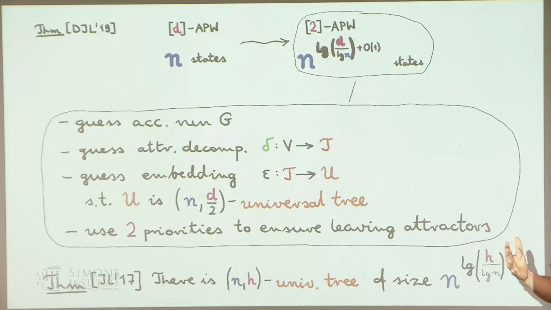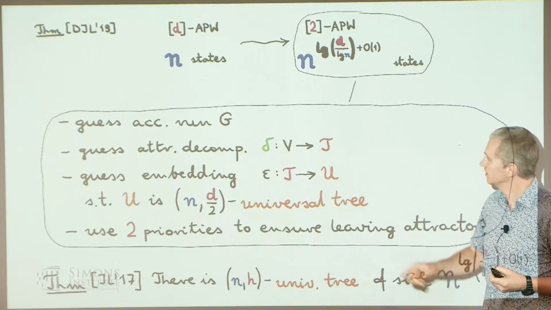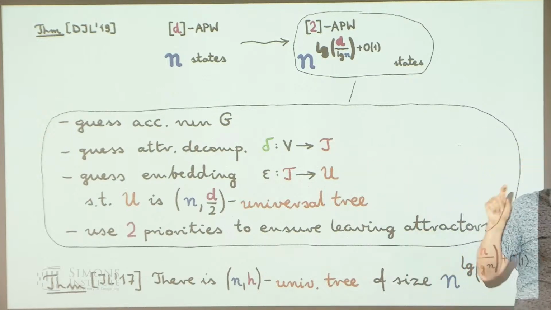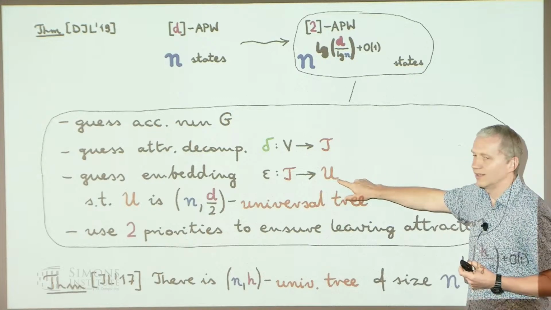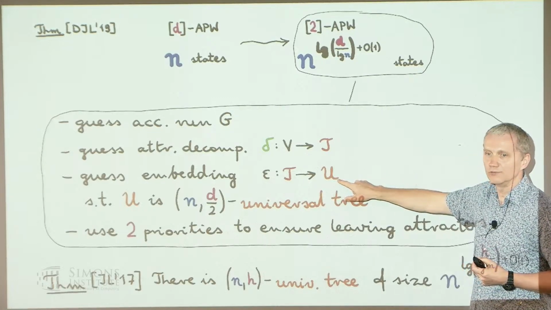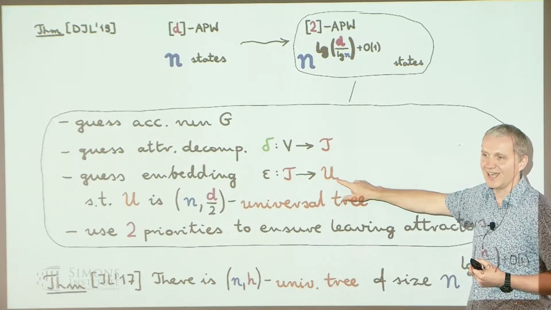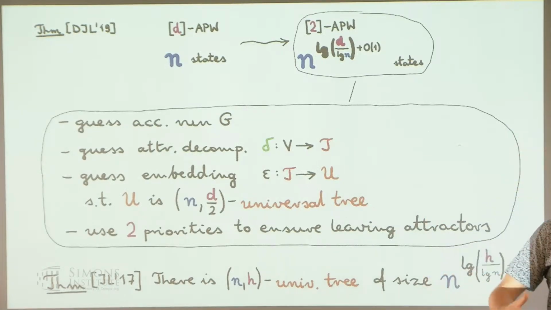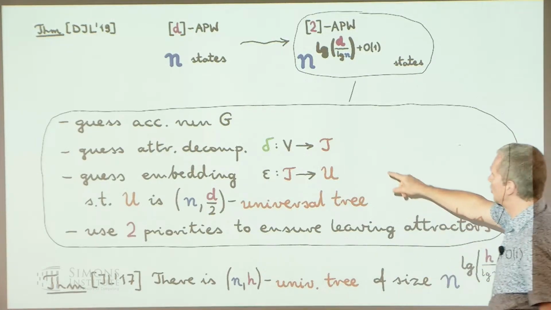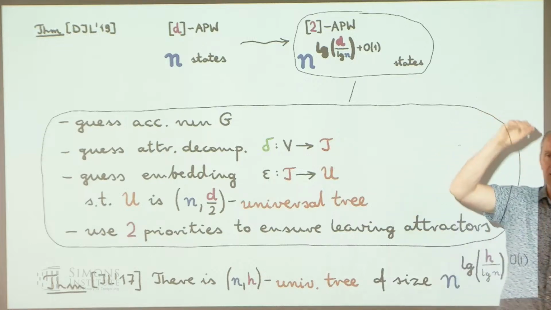So those are small trees, but there are exponentially many of them, or maybe even more. Yeah? So the idea is, instead of guessing that tree and nodes in that tree, to guess nodes in what we call a universal tree that has as its isomorphic copies all such small trees with at most n leaves and of height d half.